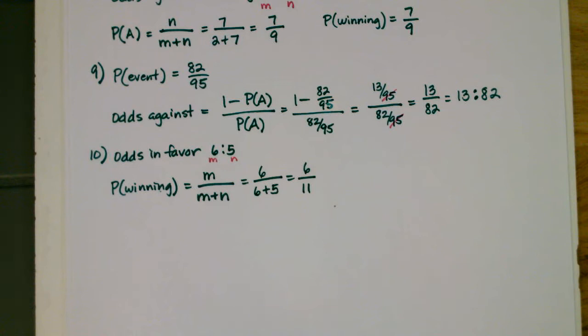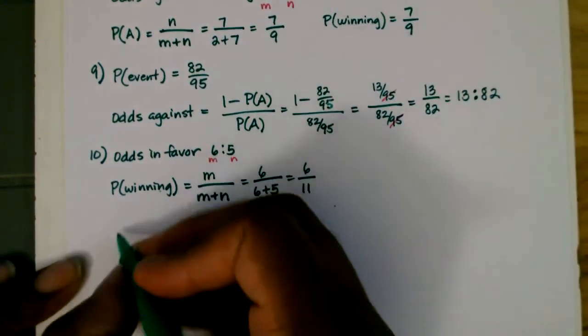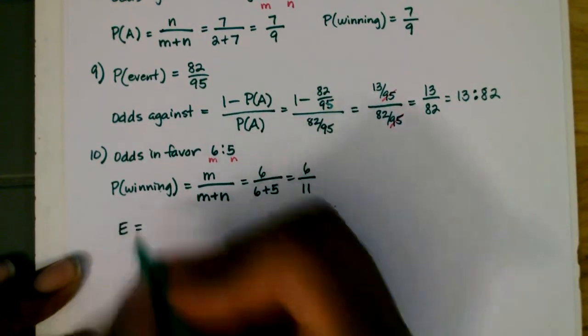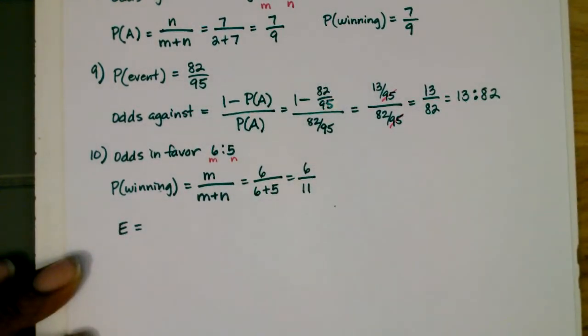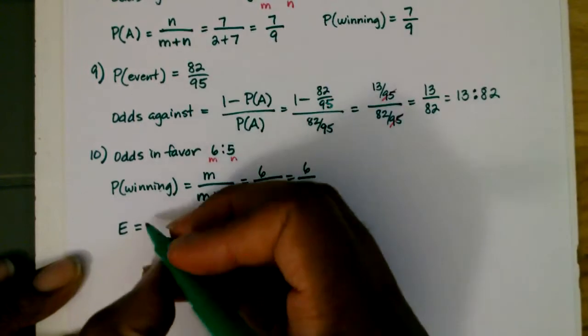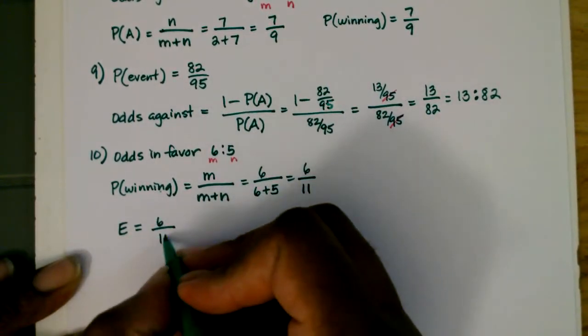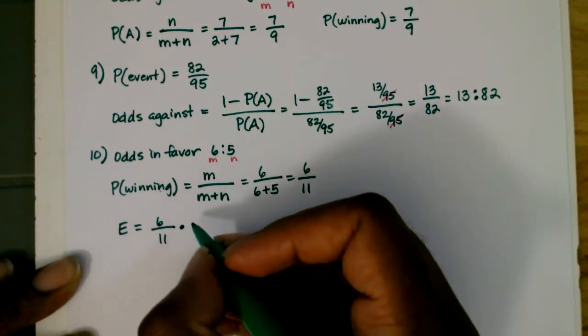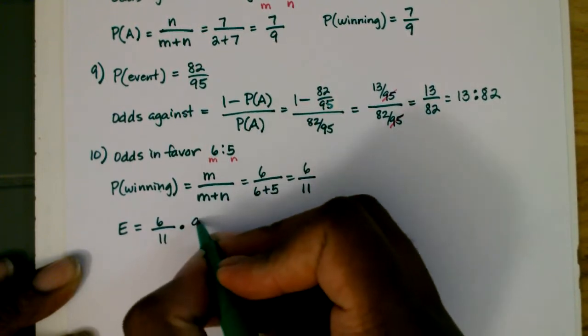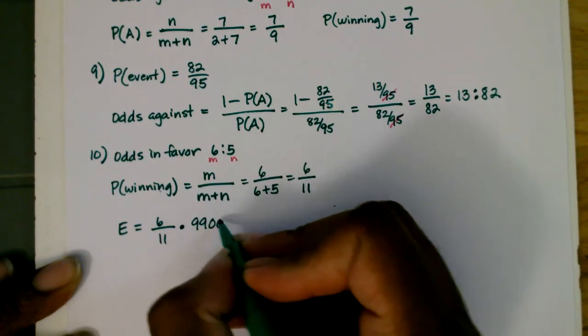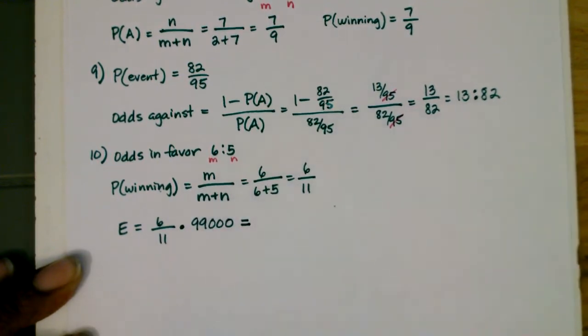But here we want the expected value of Fast Leg's winnings. So your E, which we call the expected value, is going to be the probability of Fast Leg winning, that's 6 over 11, times the amount of the first prize. That's 99,000.